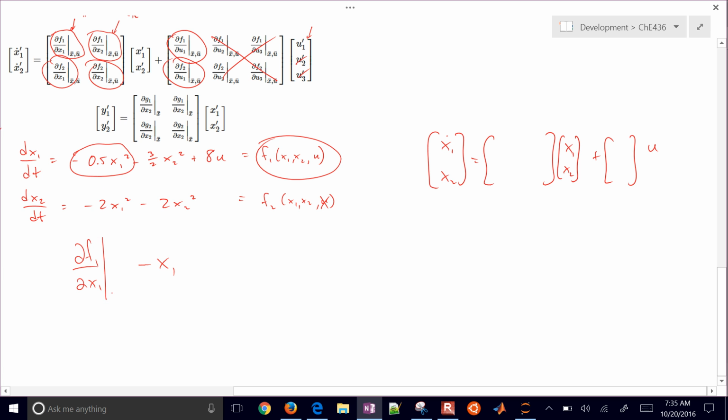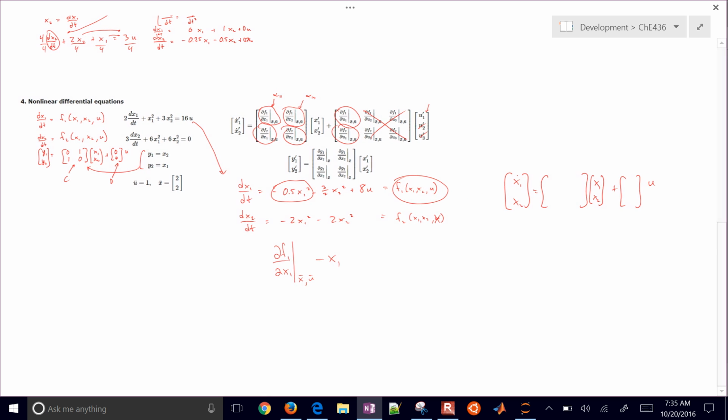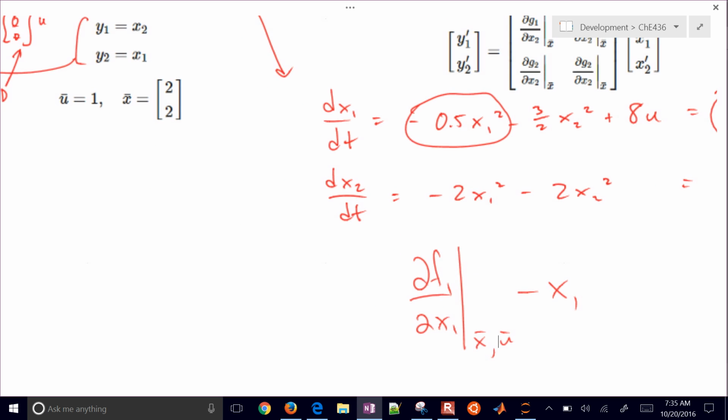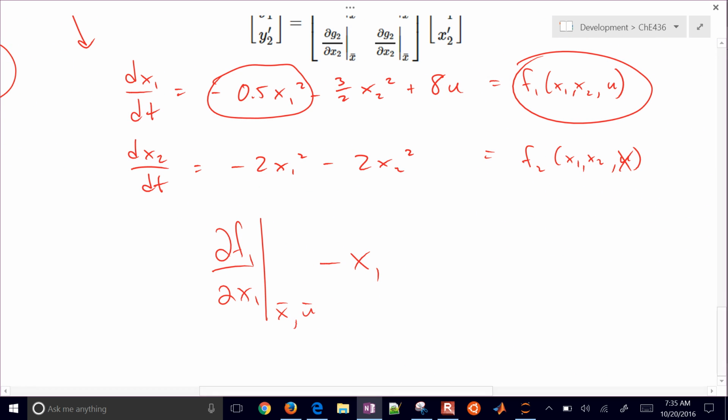And then we'll plug in our nominal conditions. Our nominal conditions in this case were listed right here, where u nominal is equal to 1 and x nominal is equal to 2 for both x1 and x2. So we just plug in 2 right there.